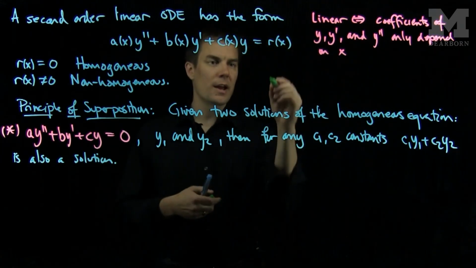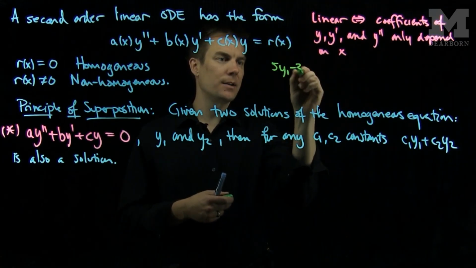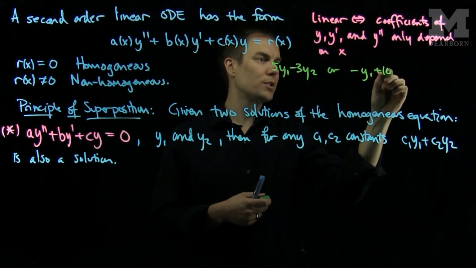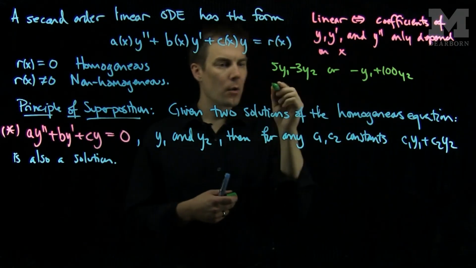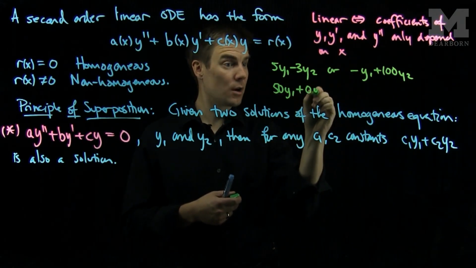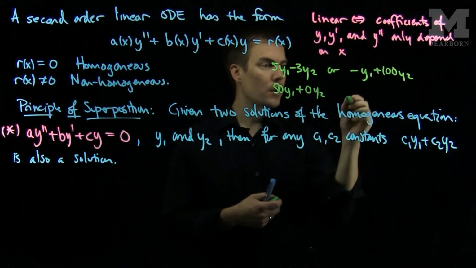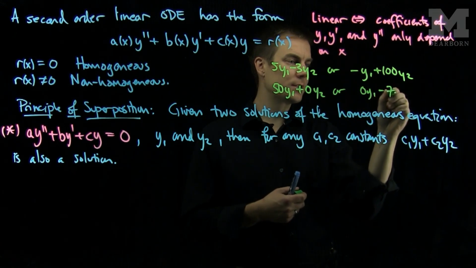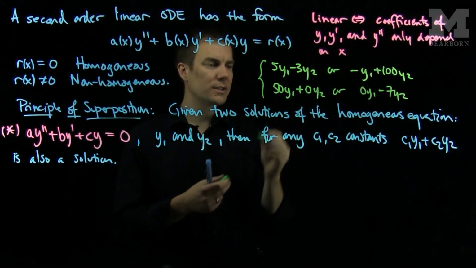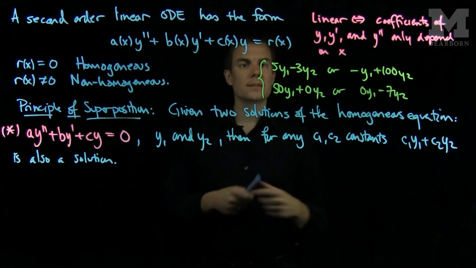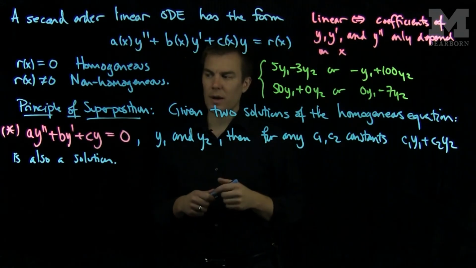So for example, we could have 5 y1 minus 3 y2, or negative y1 plus 100 y2, or 50 y1 plus 0 y2, or 0 y1 minus 7 y2. These are all examples of linear combinations of y1 and y2: a constant times y1 plus a constant times y2.